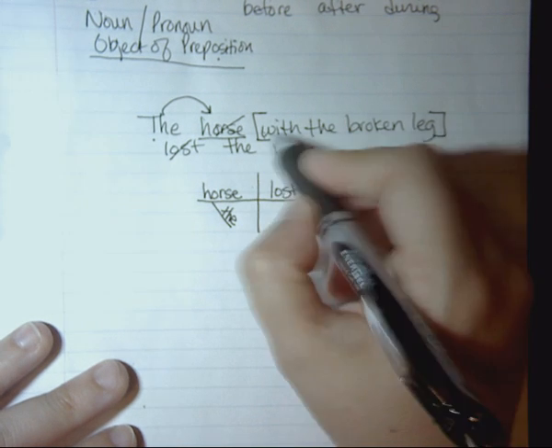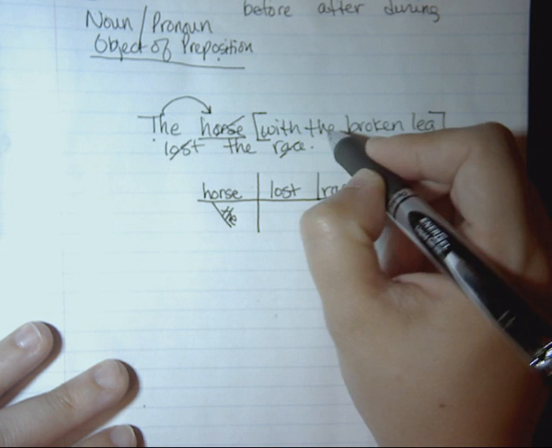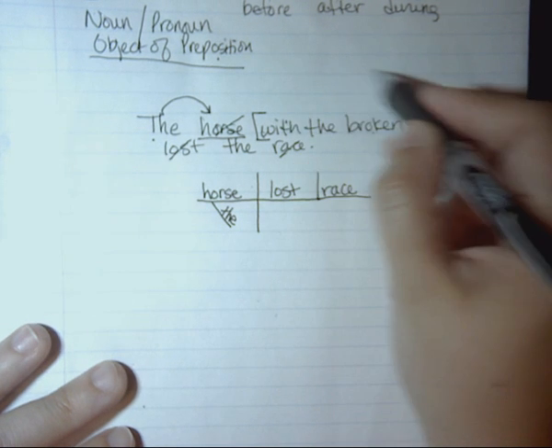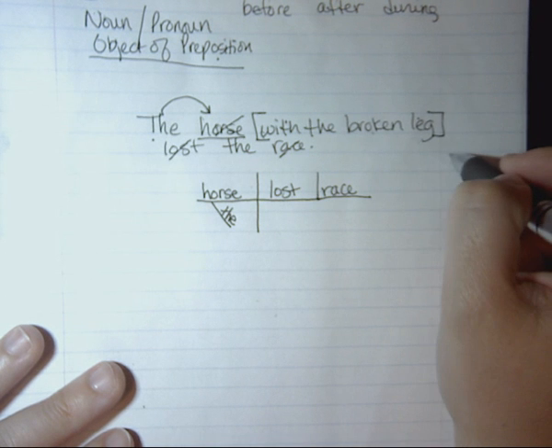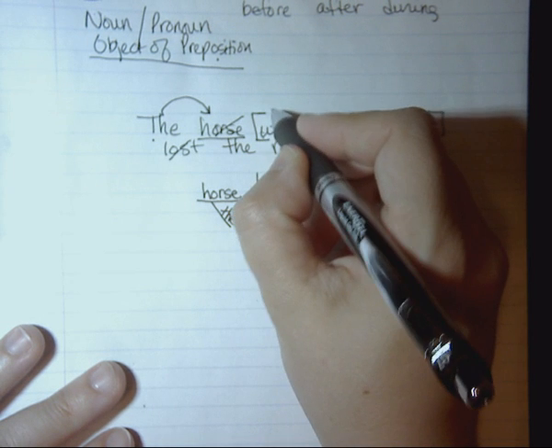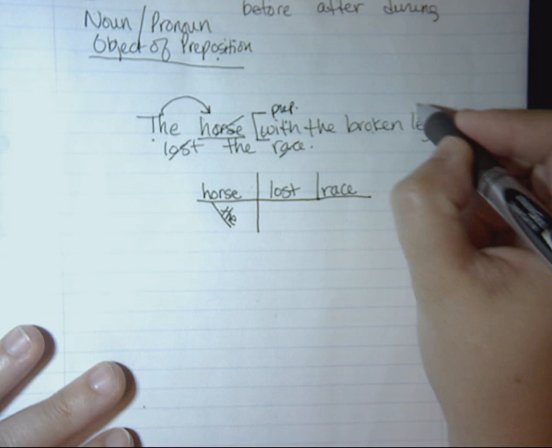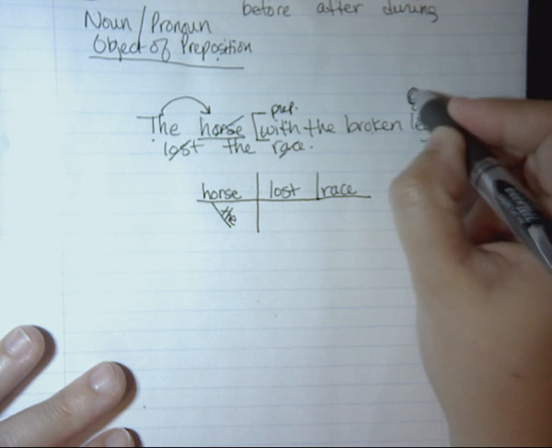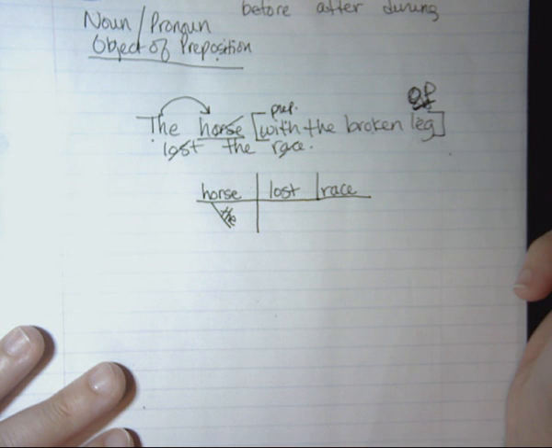And we know we need to go all the way with what? The. With the what? Broken. With the broken what? Leg. Now we have a complete phrase. We've gone from the preposition to its object, or OP, which is what usually those are called.